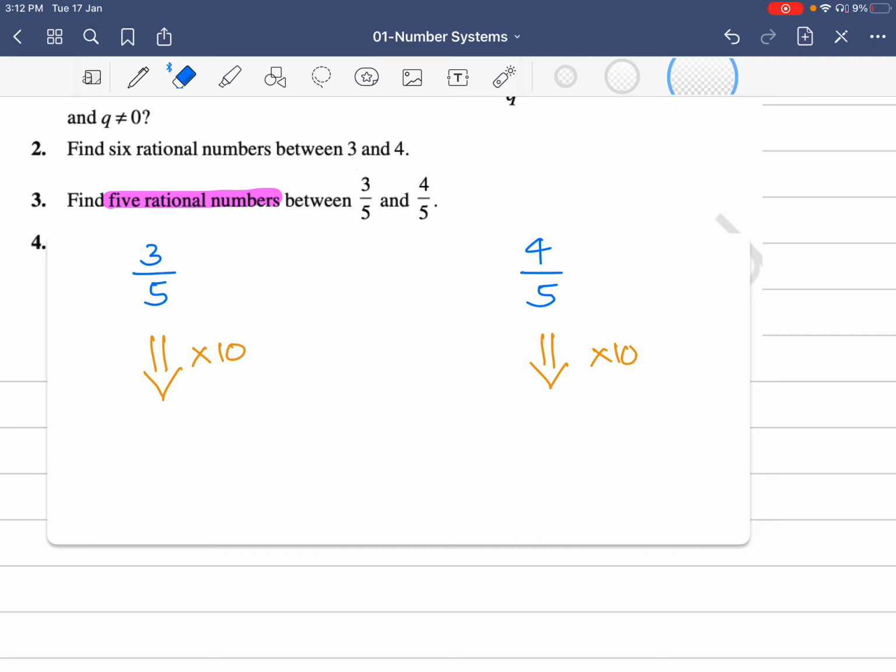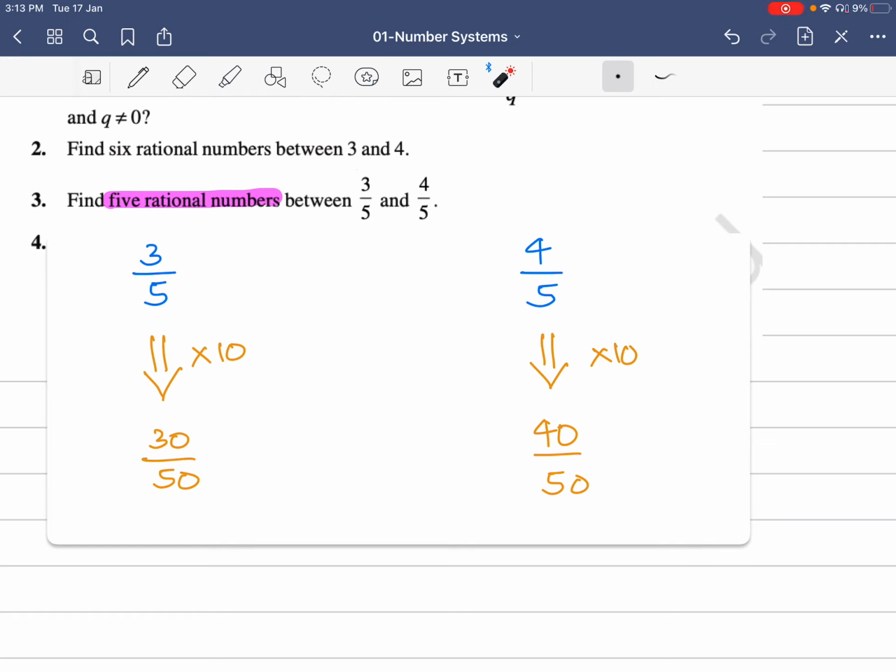So now, very quickly, similar to our previous problem, 3 by 5 multiplied by 10 is going to be 30 by 50. And then 4 by 5 multiplied by 10 is going to be 40 divided by 50. And once again, we can clearly see that between 30 by 50 and 40 by 50, there are other rational numbers in between.